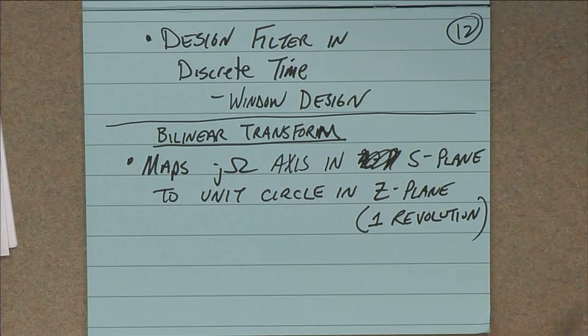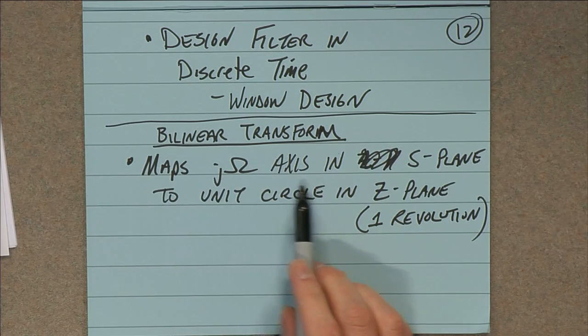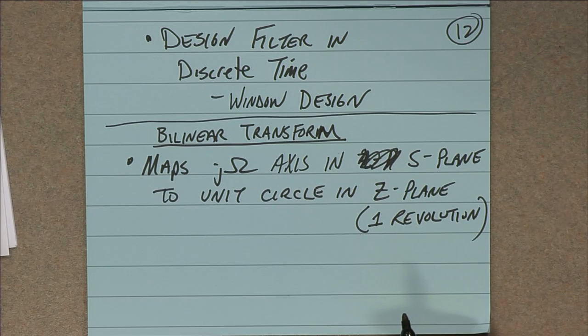So what does that mean? Well, if you think way back to when you talked about Laplace transforms, continuous time filters, and control theory, you might remember poles in the left half plane, that's good. Poles in the right half plane, that's bad, not good. So what is this telling us? This maps the j omega axis in the S-plane to the unit circle in the Z-plane.